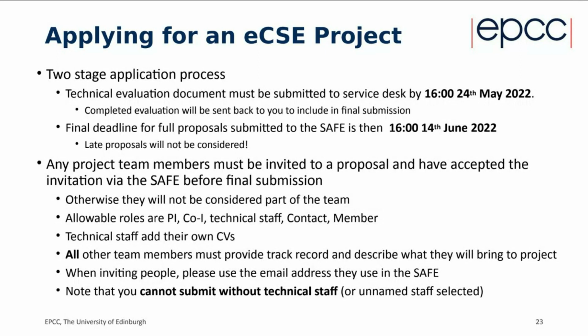We will then complete the evaluation and send it back to you to include in your final submission. The final deadline for full proposals with everything in, including the completed technical evaluation, is the 14th of June. And that pattern is followed for most calls, where we have the technical evaluation deadline and then 3 weeks later, the full deadline.